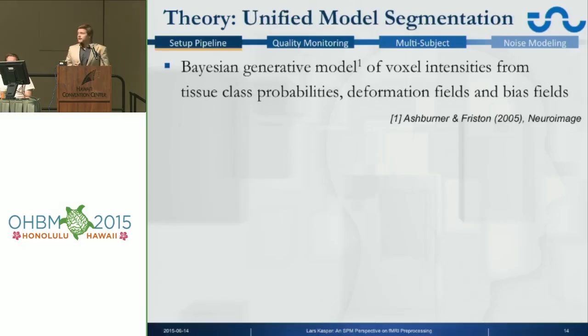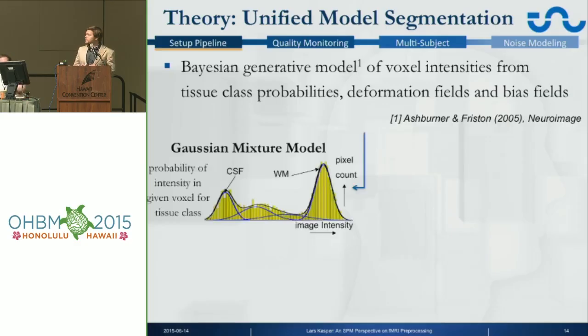It's called unified segmentation. And it's a Bayesian generative model of voxel intensities that basically generates voxel intensities from tissue class probabilities, these deformation fields that alter the tissue probability maps, and these bias fields of the coil. So just to give you an idea, the probability of a certain voxel having a high intensity is much higher if it is in the white matter for a T1 weighted image. But if it's in the CSF, it's much more likely that this voxel will have a low intensity.